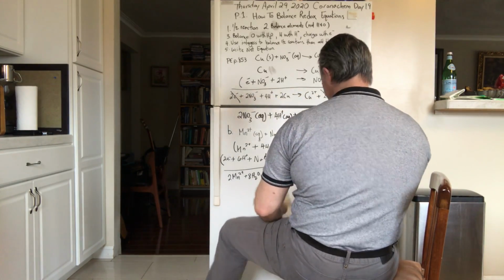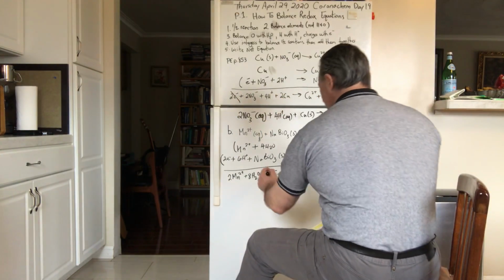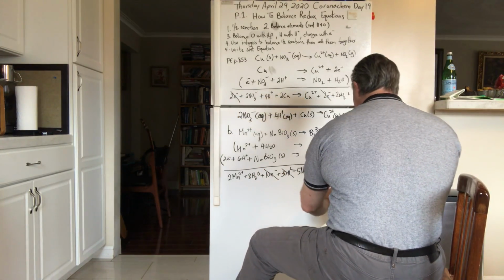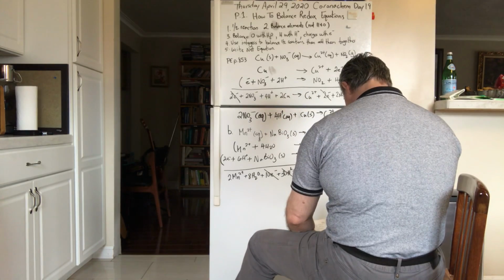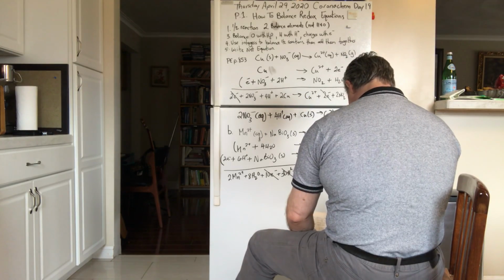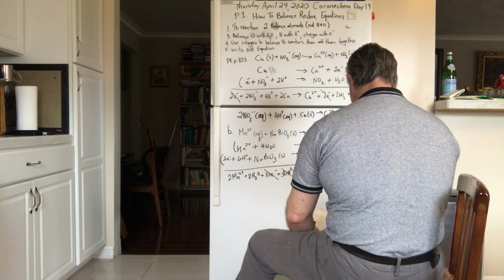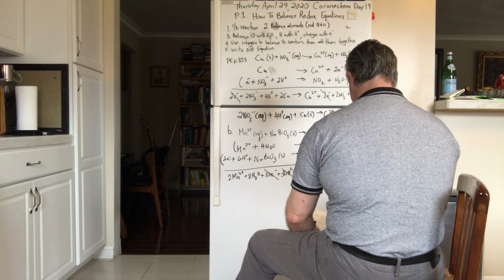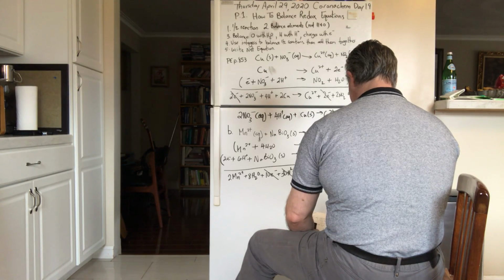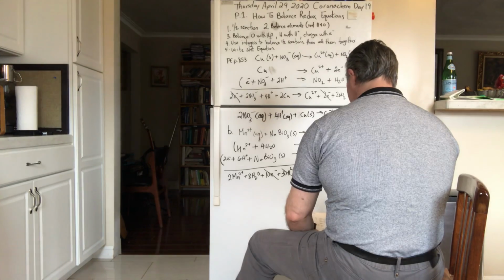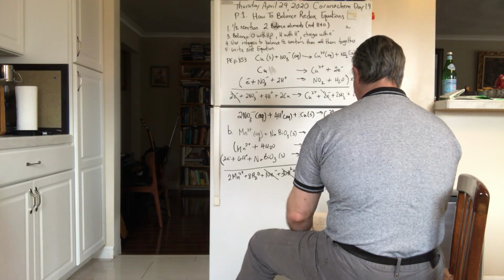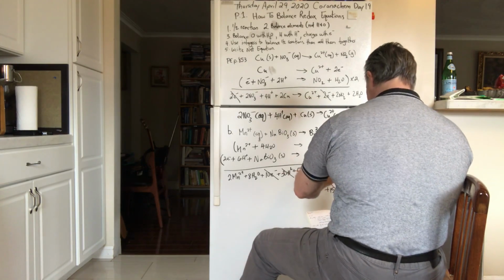Now, I know the right side of the equation is all scrunched up. 10 electrons will cancel the 10 electrons. 30 hydrogens will cancel with the 15 hydrogens to give you, why do I have 16 hydrogens over here? Sorry, it's 2 times 8 gives you 16.